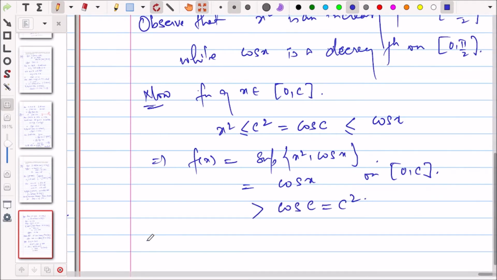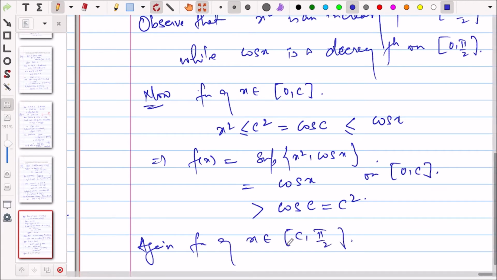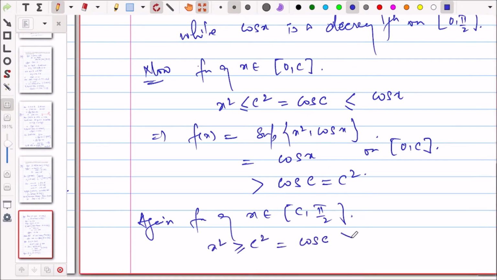And now again, for any x in the interval c to pi by 2, because now x is greater than c and x square is increasing on this, x square is greater than or equal to c square, which is equal to cos c, and this is greater than or equal to cos x, because cos x is decreasing. So x greater than c implies cos c is greater than cos x, and x greater than c implies x square is greater than or equal to c square.